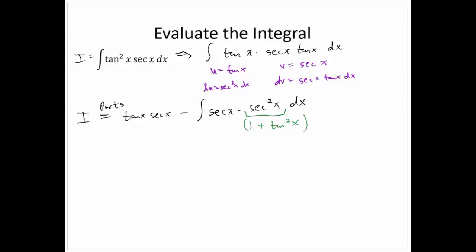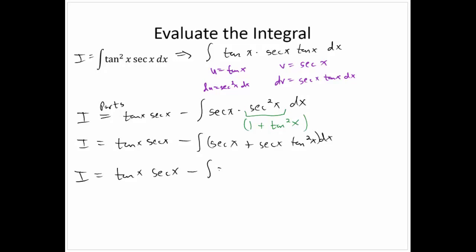And so then the integral is equal to still tangent x secant x minus the integral of secant x plus secant x tangent square x dx. Now wait a second, let me break up that integral. And so the integral becomes tangent x secant x minus the integral of secant x dx minus the integral of tangent square x secant x dx.